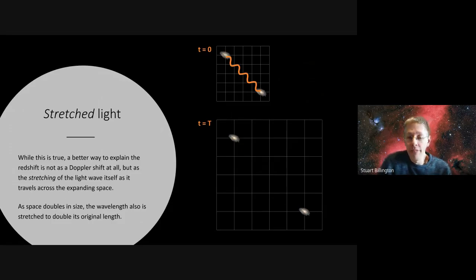Well, if that happens, then as the wave waves itself across space, the wave itself gets stretched. This stretching of the light does exactly the same thing. You travel through twice as much space, you get twice as much stretch.